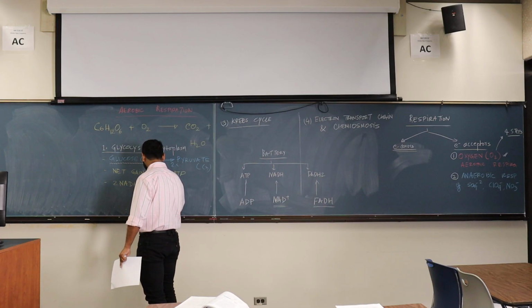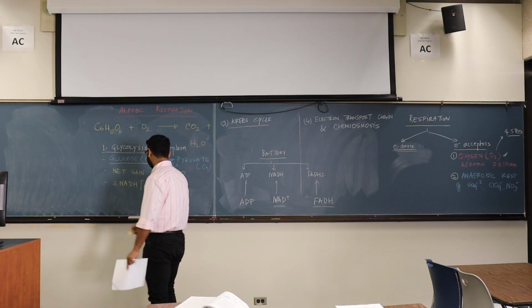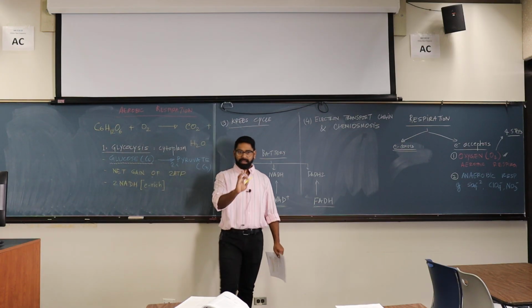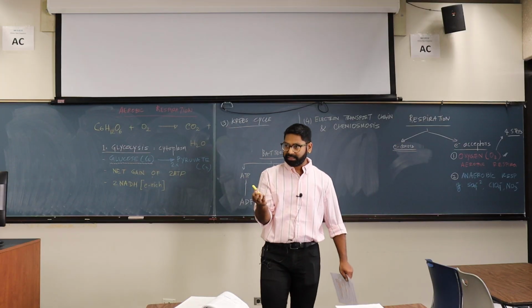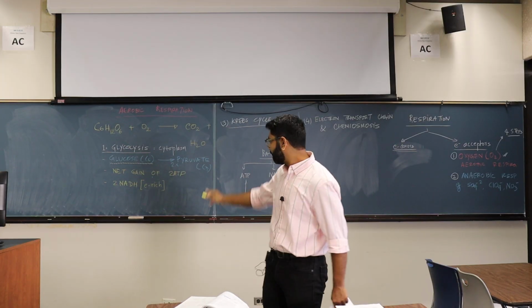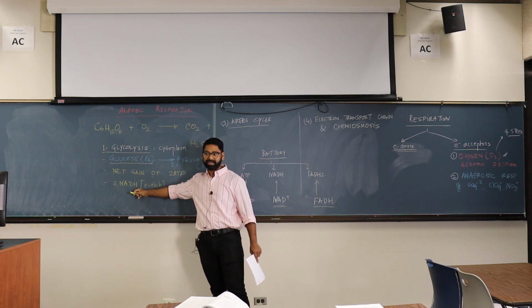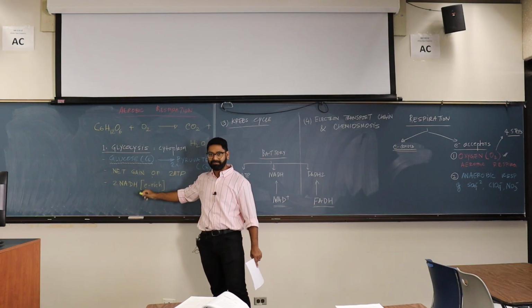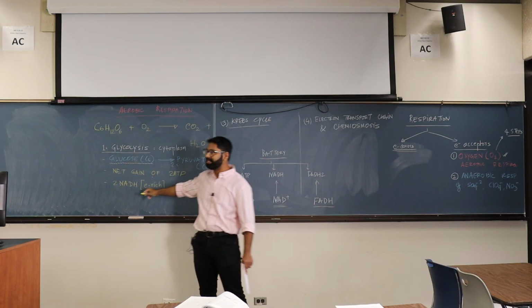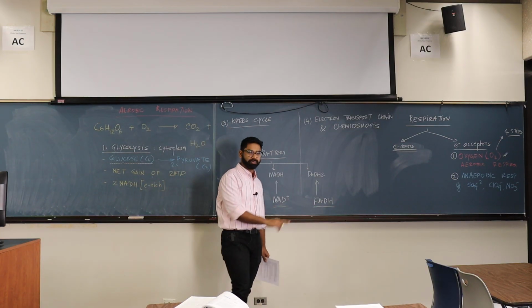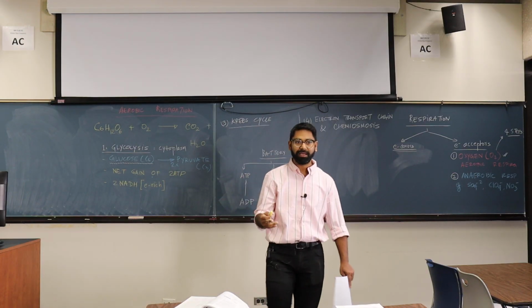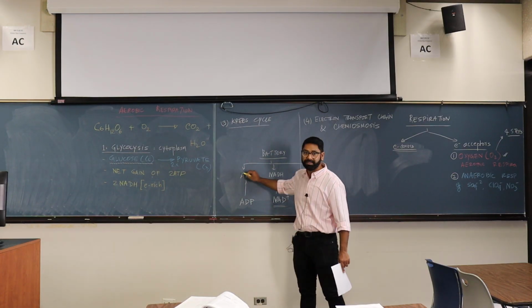So this is electron rich. Remember that. After all, everything is electrons, right? This is where some of the electrons are going and saving its energy, right? So NADH. Okay, and we will see how this NADH or FADH2 is going to play a role in then producing ATP.